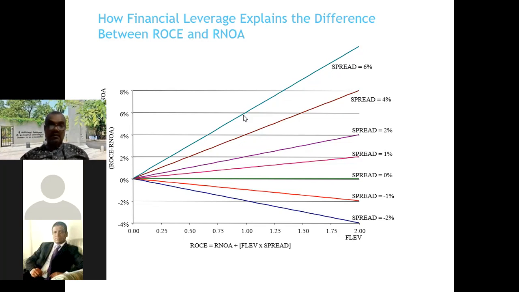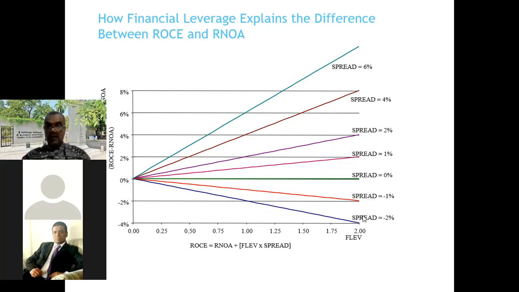Now, for the light blue line, the impact of something on ROCE is high compared to the other lines. And for the dark blue line, the impact is negative, while above green the impact is positive. So when it goes up, the impact increases in a positive manner.